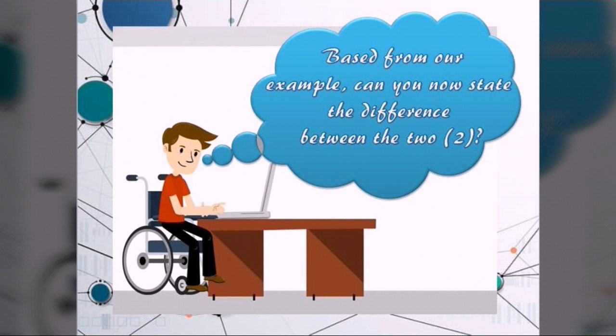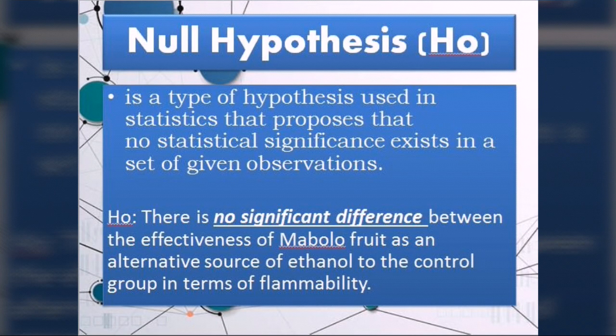Let's talk about first the null hypothesis. What do you know about null hypothesis? When we say null hypothesis, it is denoted by the symbol H0. It is a type of hypothesis used in statistics that proposes that no statistical significance exists in a set of given observations. Again, I'll repeat.